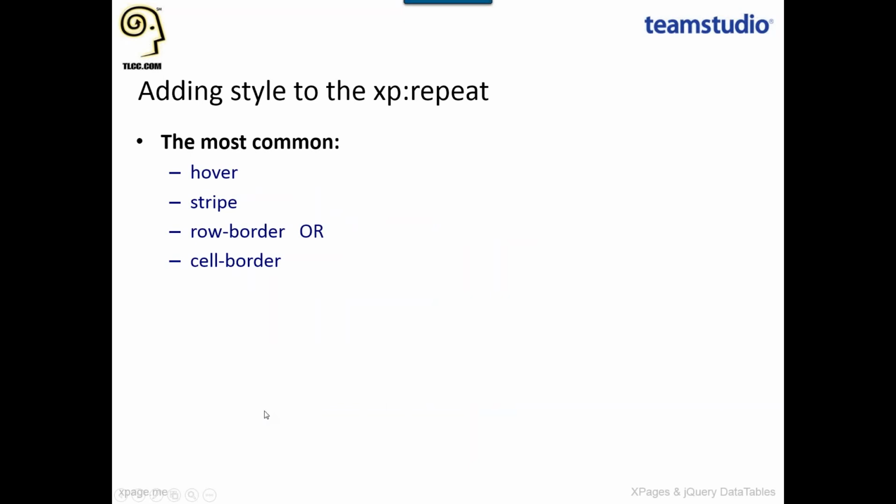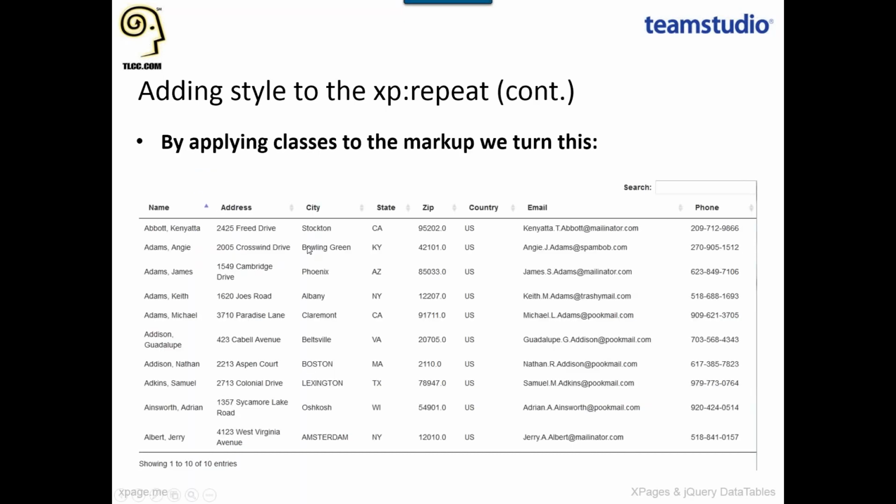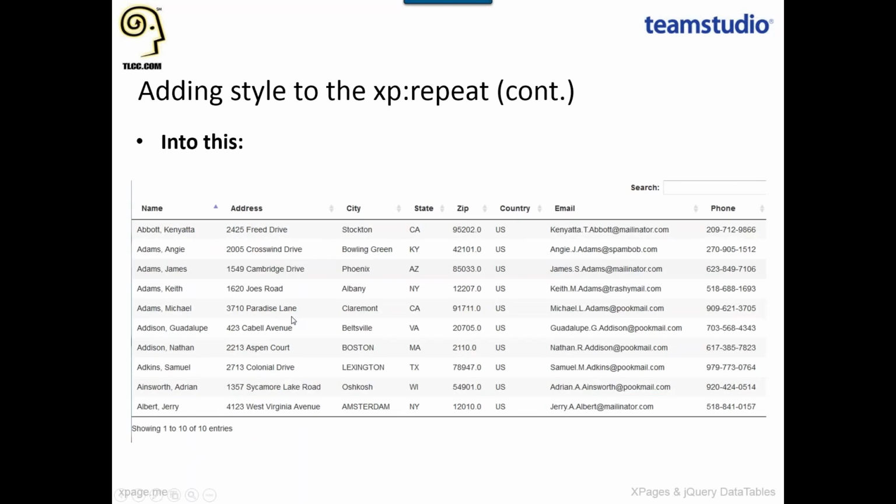Just like with the configuration options, as far as styles go, these are probably the most common that you're going to use. It's important to note that if you're using row border or cell border, they are mutually exclusive, so you have to use one or the other. By applying some style and some classes to a data table, we're going to turn this into this. Since it's an online presentation, I don't know if the colors are coming through or not.